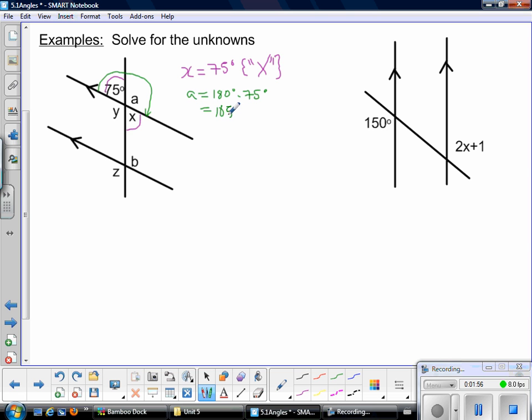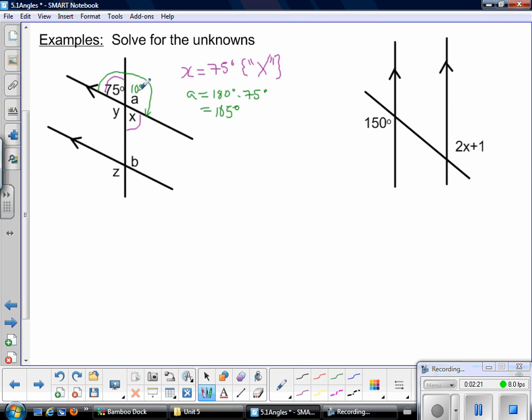So I could have done it that way, or I could have done 75 with the y and the same idea, and that would give me 105. Or I could have gone x plus b has to equal 180, so I could find b. Okay, so we have found a, and sometimes it really does help to actually put it right in our diagram.